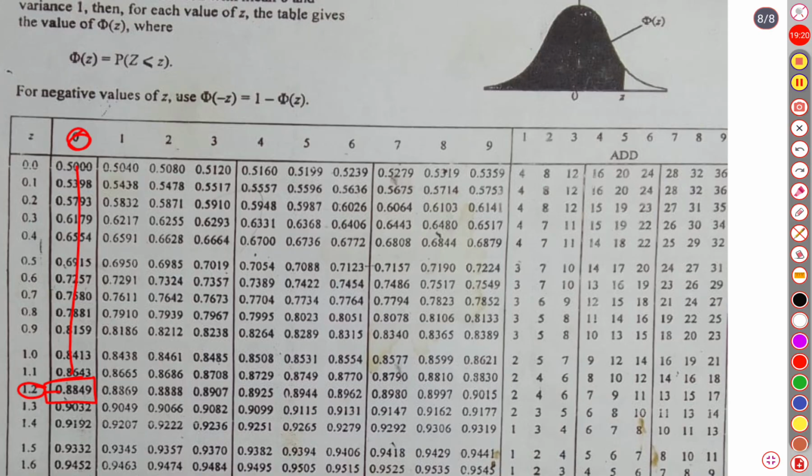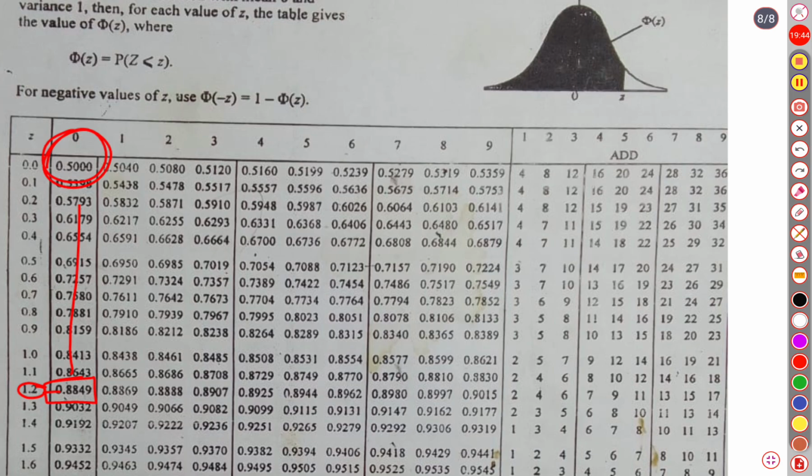Look, none of the probabilities, the first probability started with what? 0.5. So all the probabilities are more than 0.5. That's why we have chosen more than 0.5, an alternate way. Instead of 0.25, we have found the probability of 0.75.